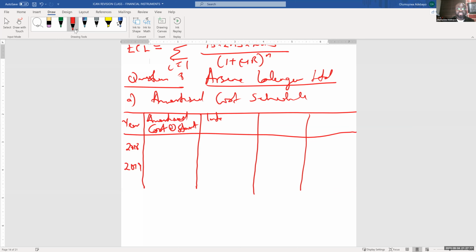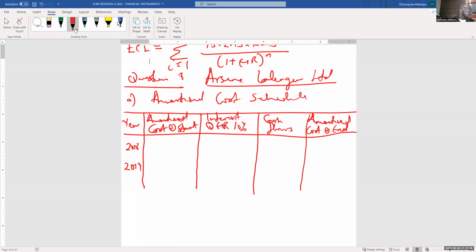What is my interest on the basis of effective interest rates, which we said was 10%? What is my repayment, cash flows? And what is my amortized cost at the end of the year?